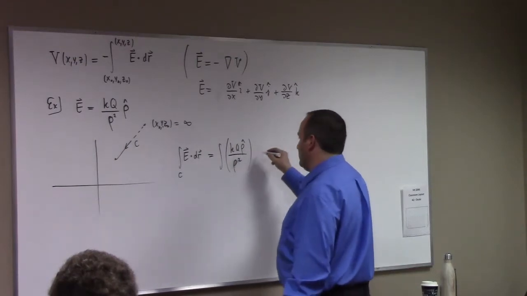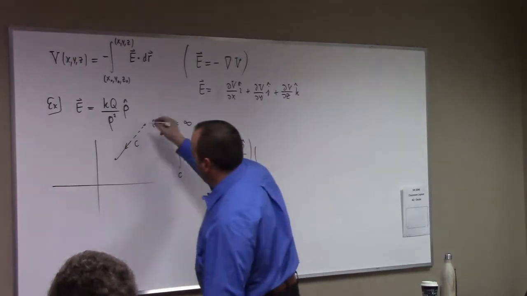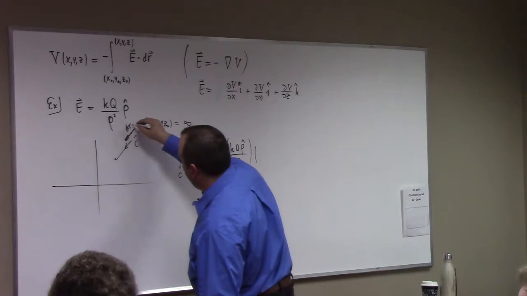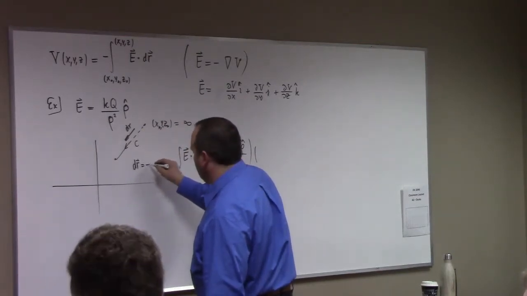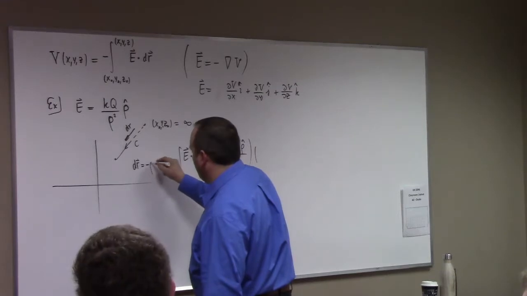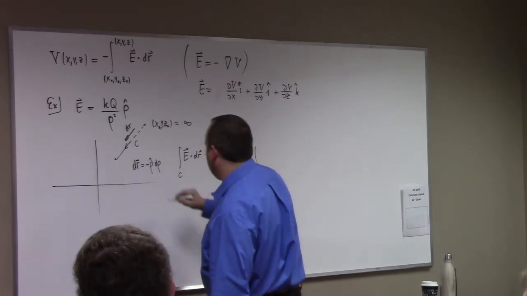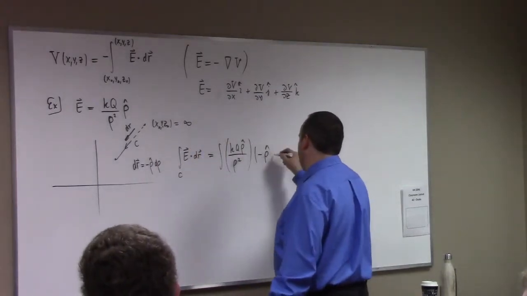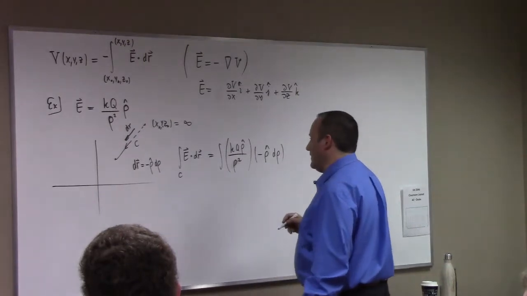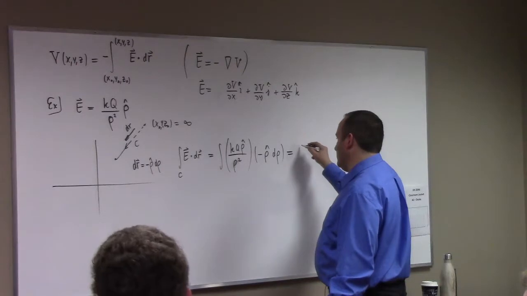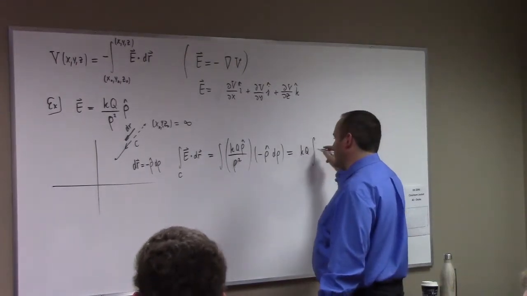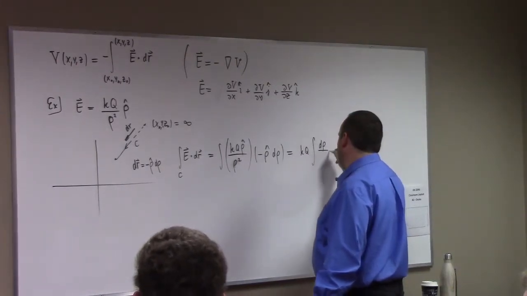My dr would be, so dr is like this. So dr would actually be equal to minus rho hat d rho.